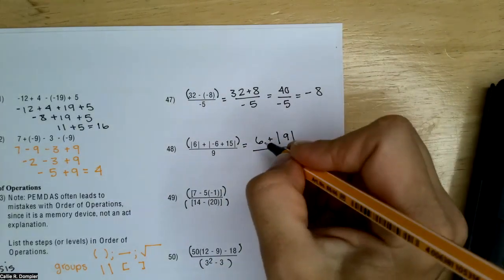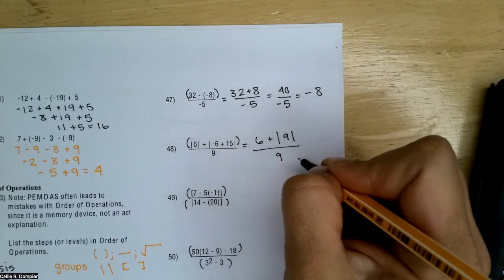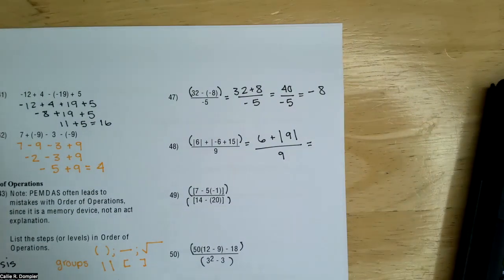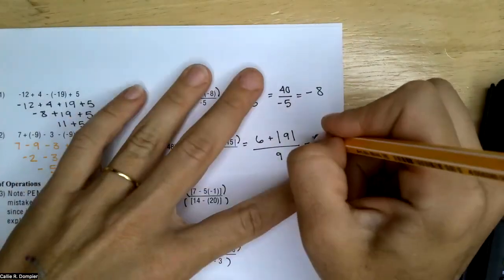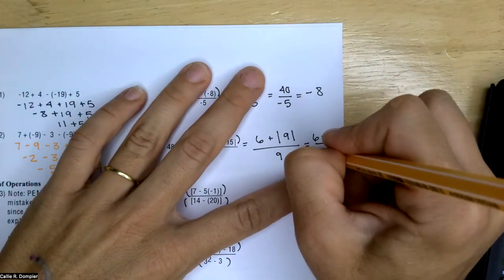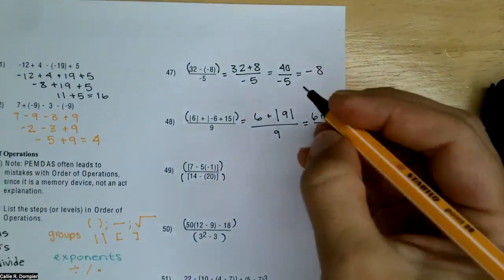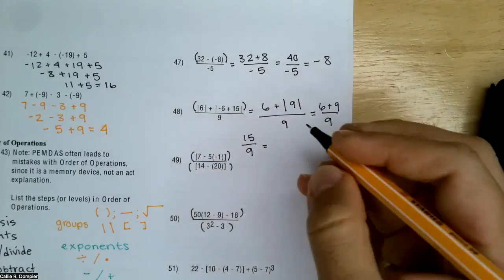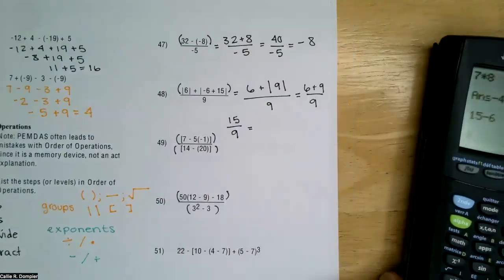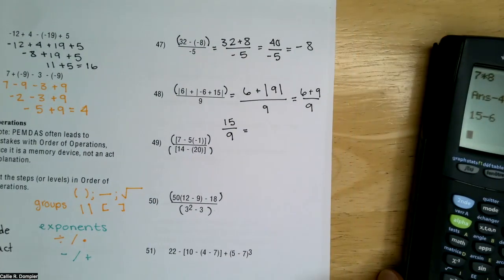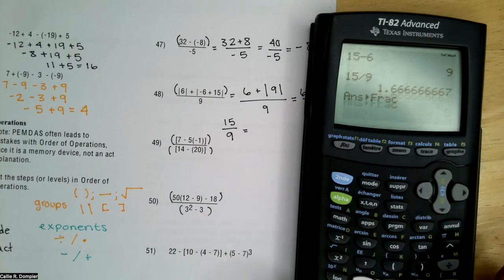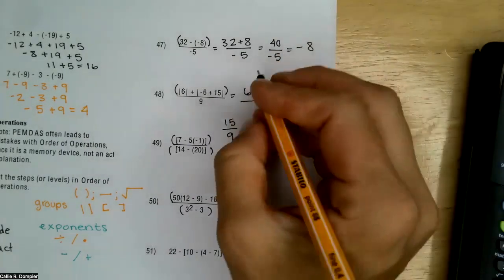Again, remember we want to do all of the numerator and the denominator before we do that last division. The absolute value of 9 is just 9. So we have 6 plus 9 divided by 9. 6 and 9 is 15, so that becomes 15 over 9. Let's see if I did that right.